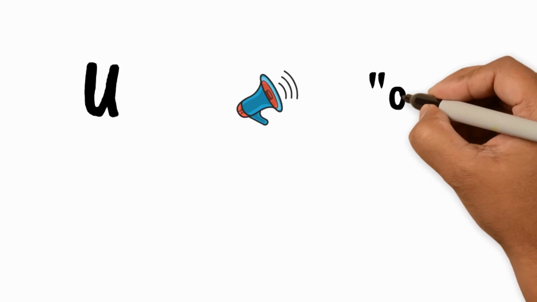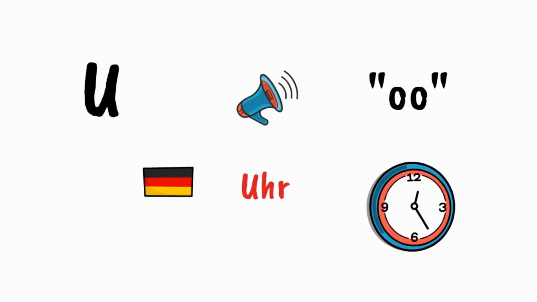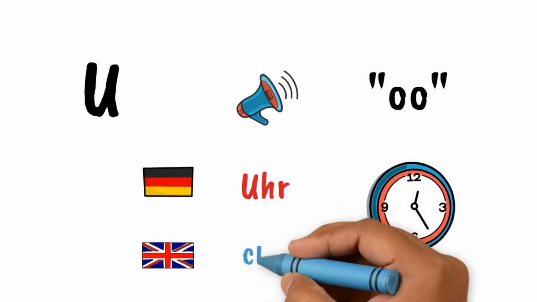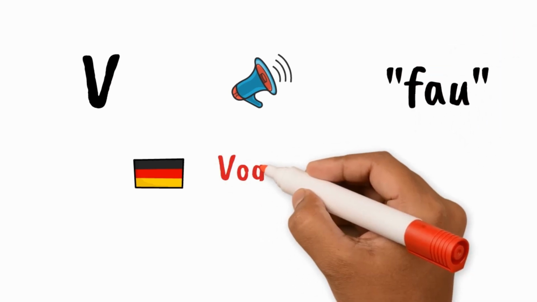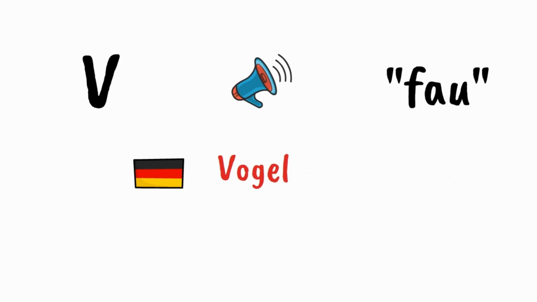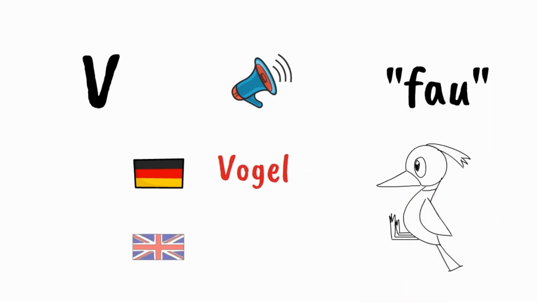U. Ohr. Ohr. V. Vogel, has a sound of F in English.